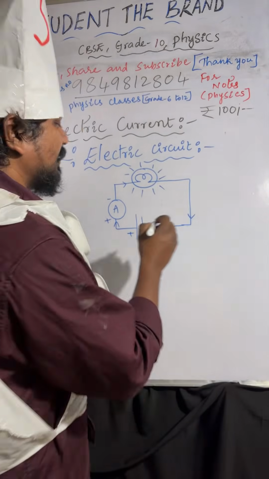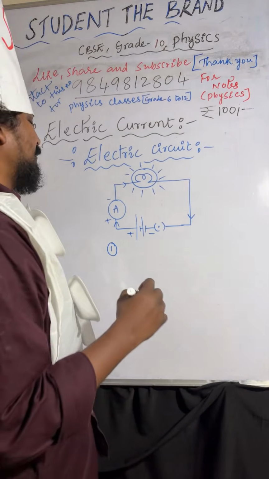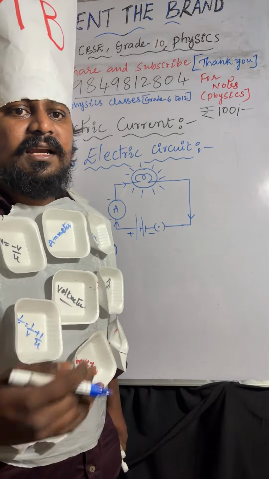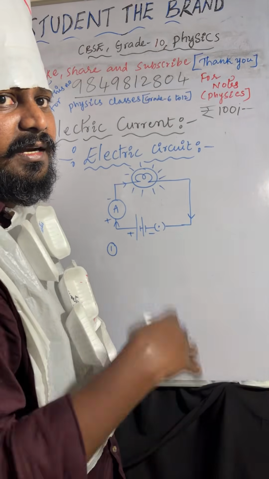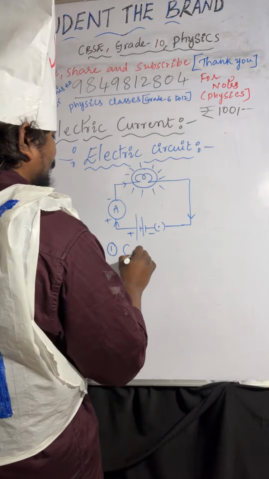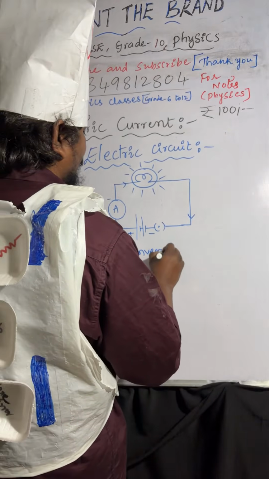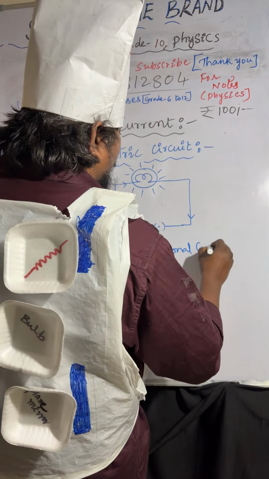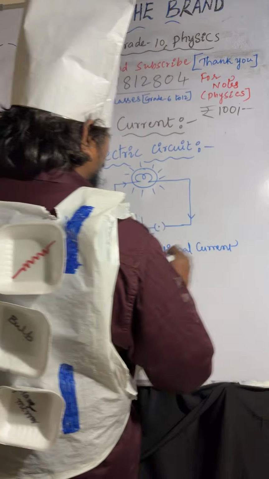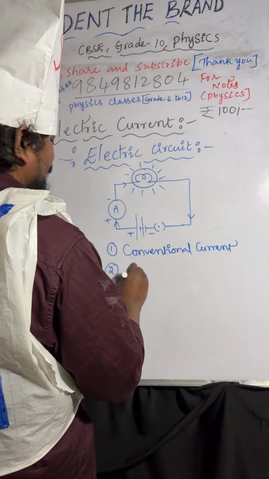Now point number one: conventional current and electric current. The second one is electric current.